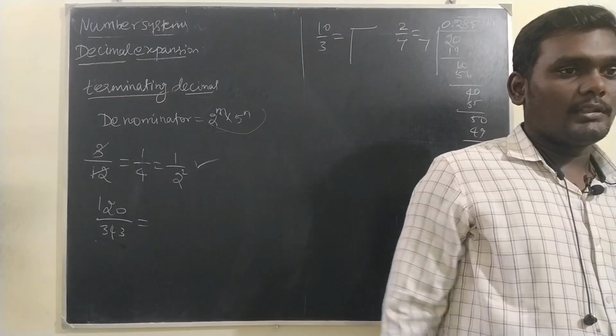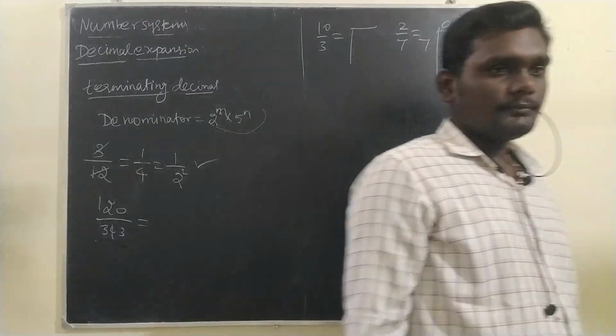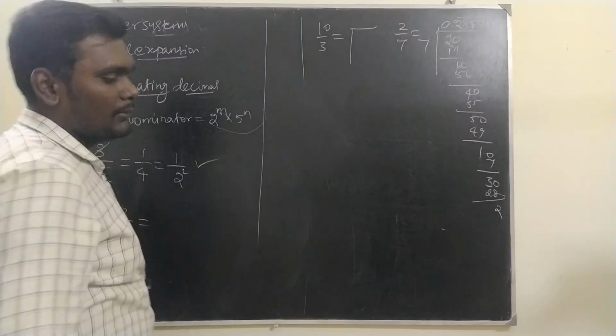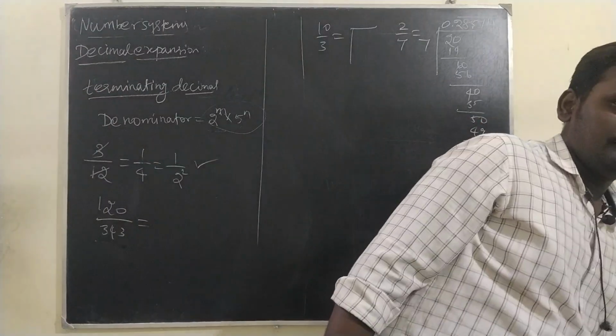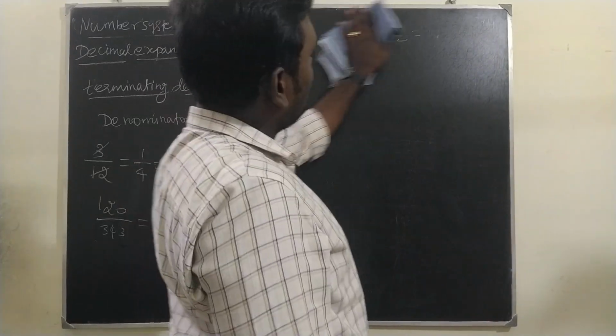And then the other conversion, from terminating or non-terminating decimals to rational numbers. Terminating decimal to rational number is very easy. Take for example 0.125.